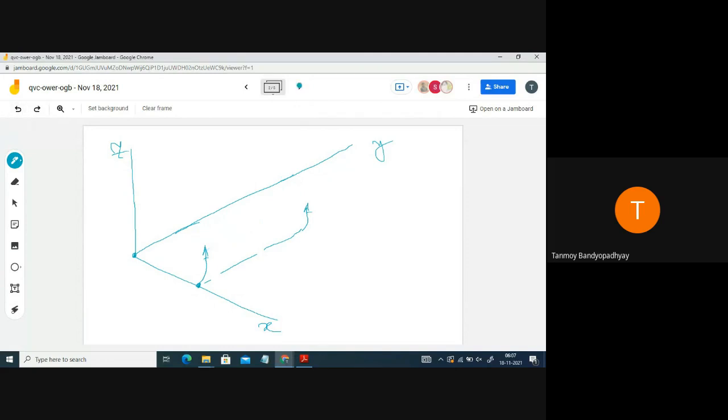Clear? Here the AD is being formed. This one is A, this one is D. So I'm drawing the door to be formed. So this is the door.